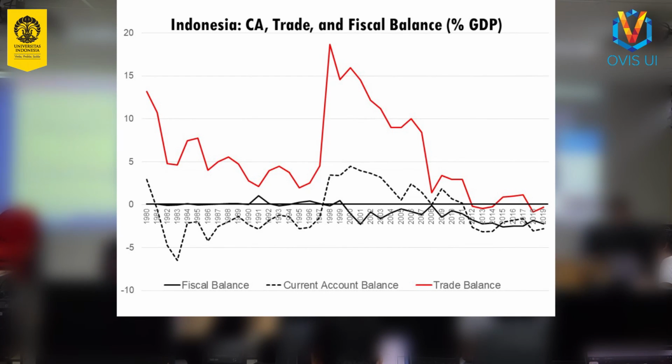But coming back to the twin deficit, you notice that in the case of fiscal balance, we have always been in deficit since 2011. Can you see that? The dark black line. I was wrong, since 2009 actually. So in 2009, but before 2008, we were also in deficit.